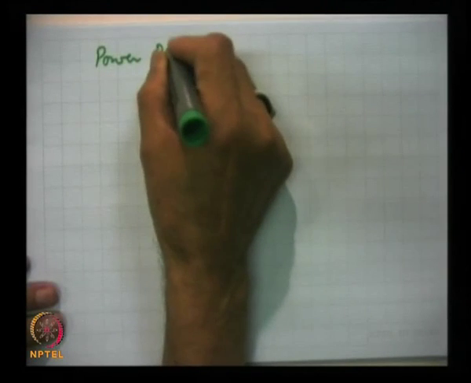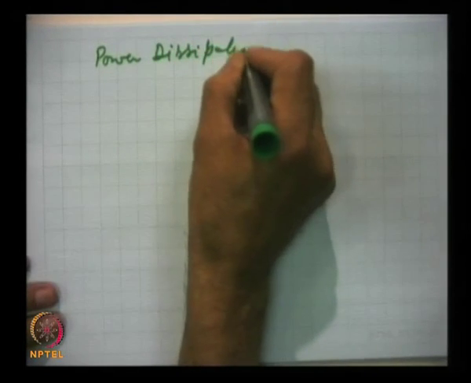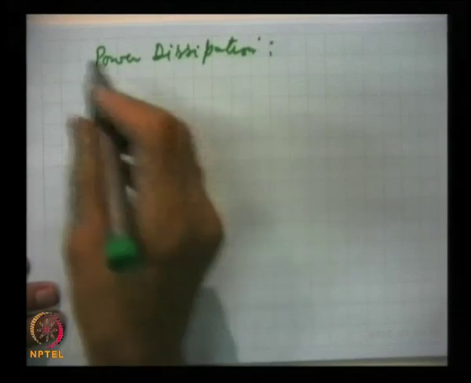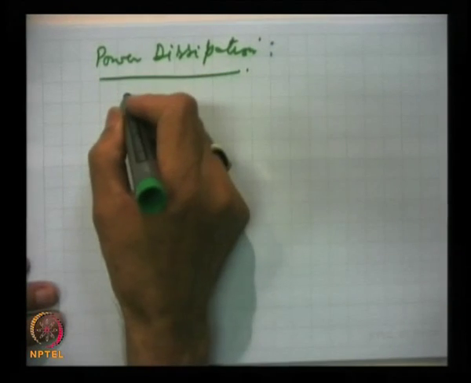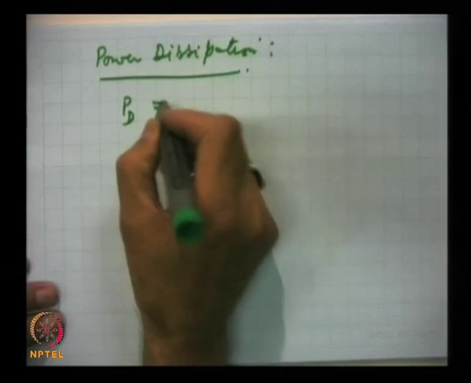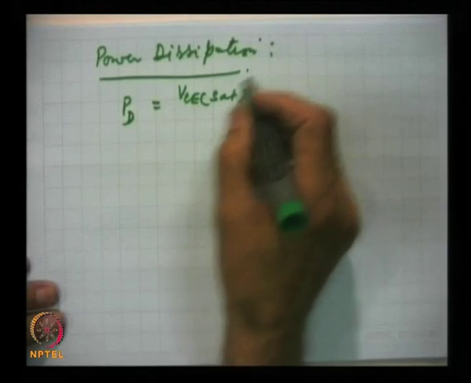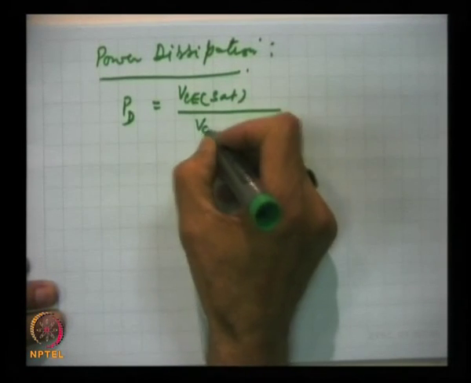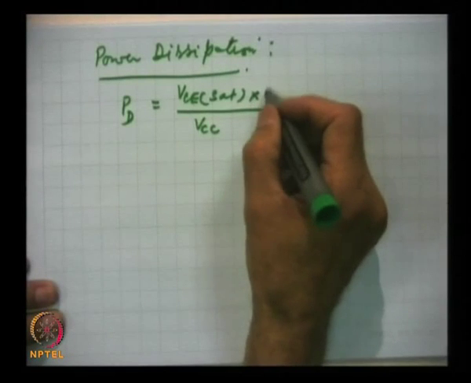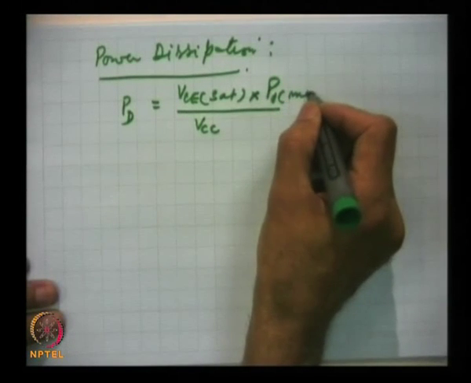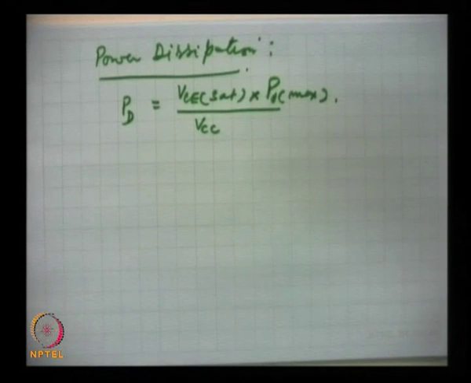Now, after efficiency, the last thing is power dissipation, which is also very low in this circuit. Power dissipation P_d can be shown to be equal to V_CE(sat) by V_CC into P_O max.